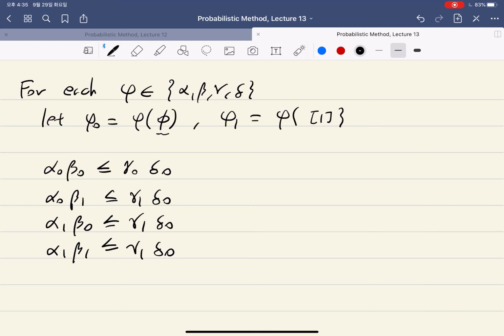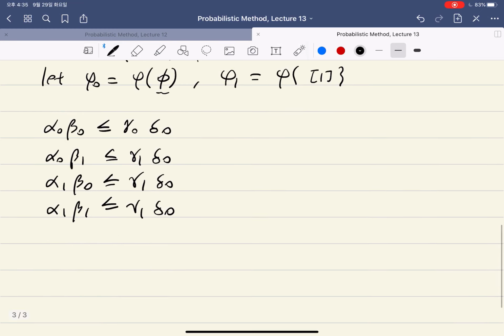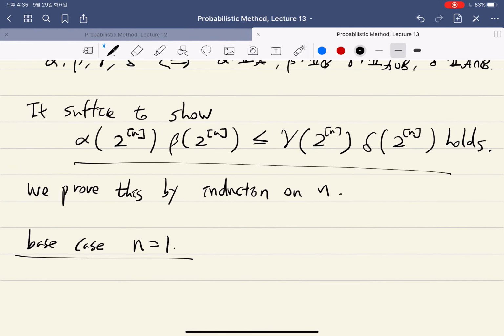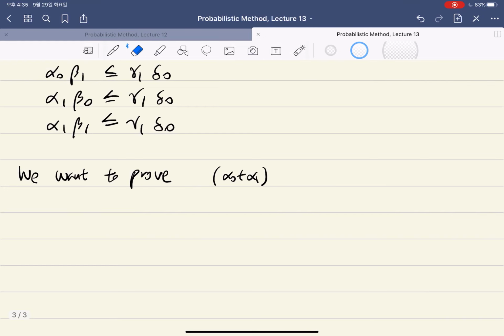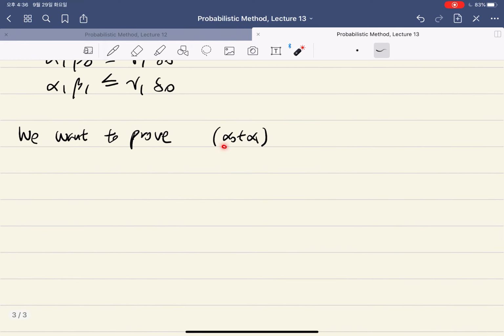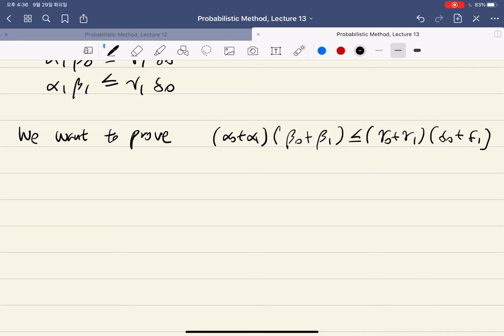Now what we want to prove is the following inequality. So now we want to prove this for n equal to 1. When n is 1, there are only 2 elements, which are the empty set or the entire set. So this is what we want to prove.